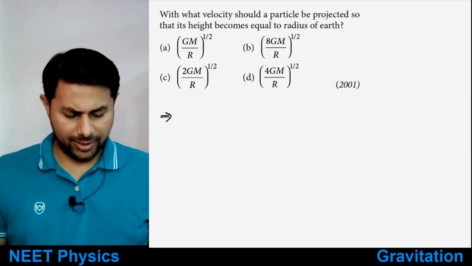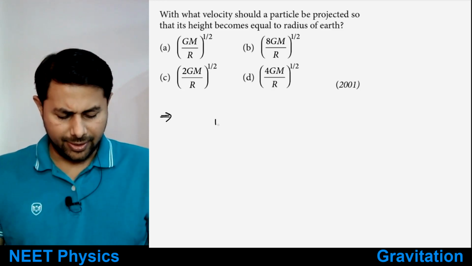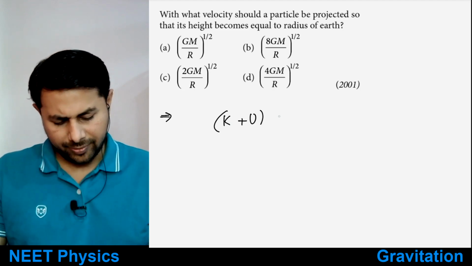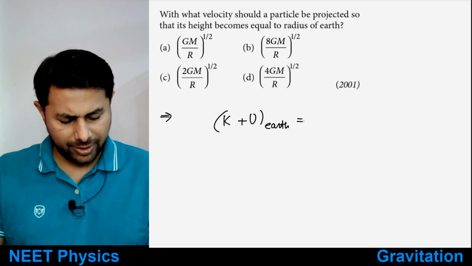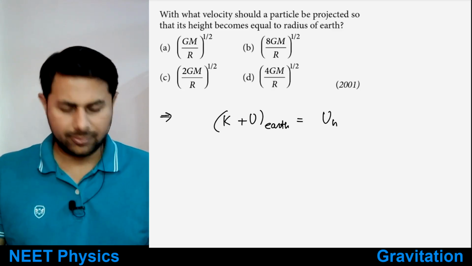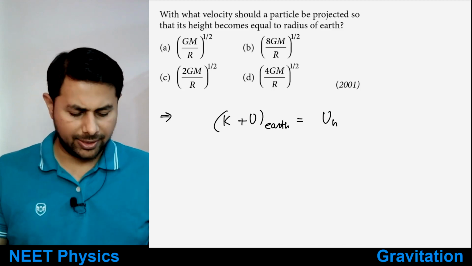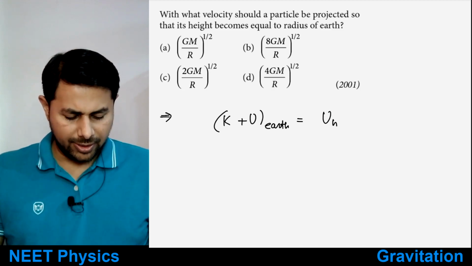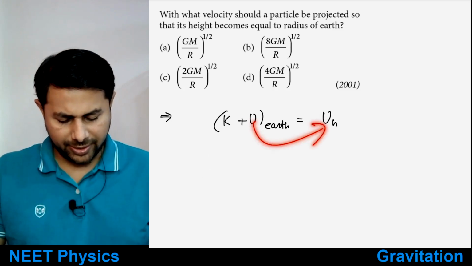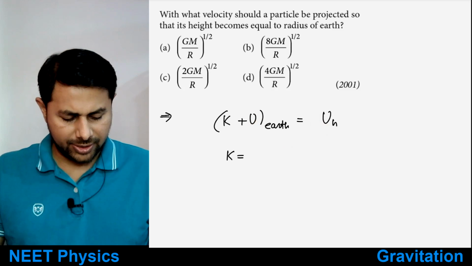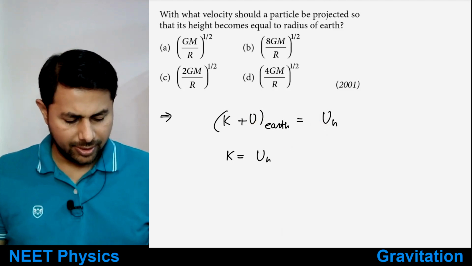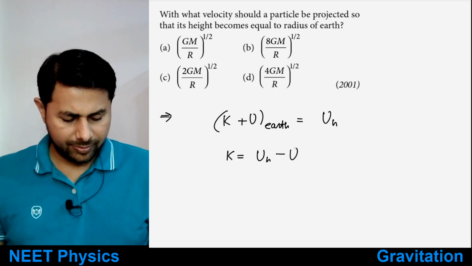So then what can I say? Kinetic energy plus potential energy on Earth, where you are projecting it, is equal to potential energy at height h. There is no kinetic energy at that height, so kinetic energy is just equal to U at that height minus U on Earth's surface.